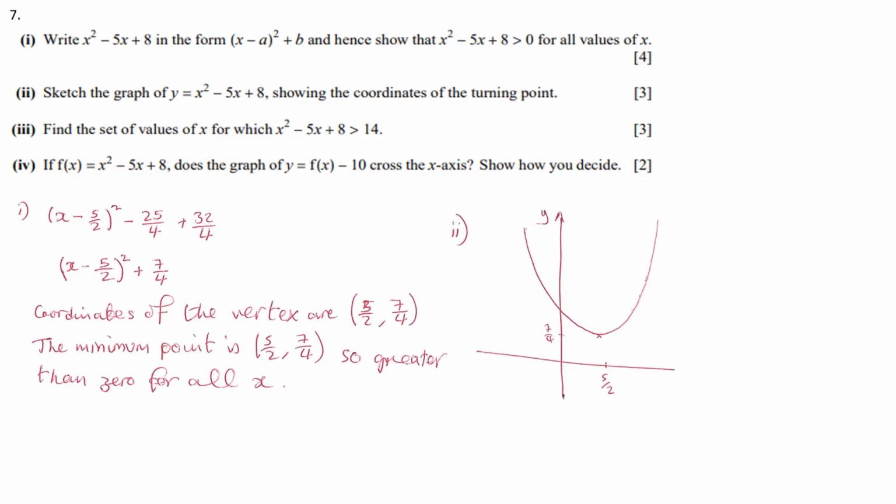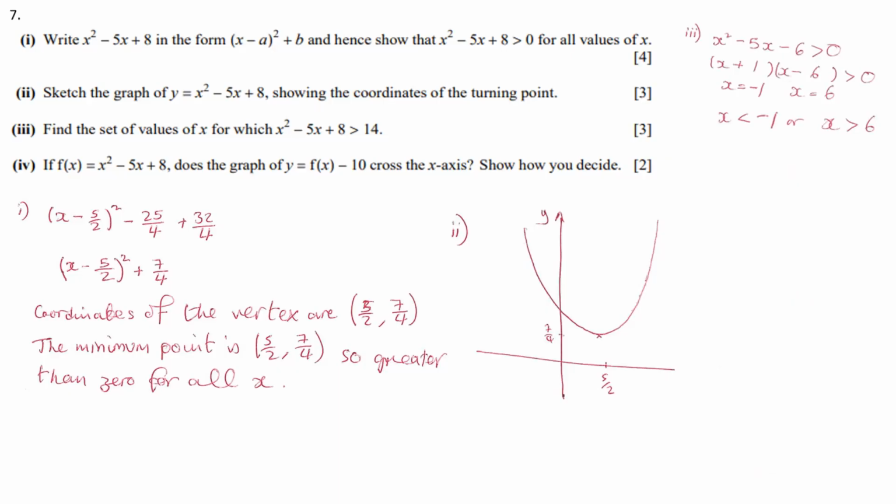So number 3, part 3, find the set of values for x for which that is greater than 14. So I took away 14 from both sides, ended up with that quadratic, factorized it, found the critical values, and then I said to myself, where is it greater than 0?